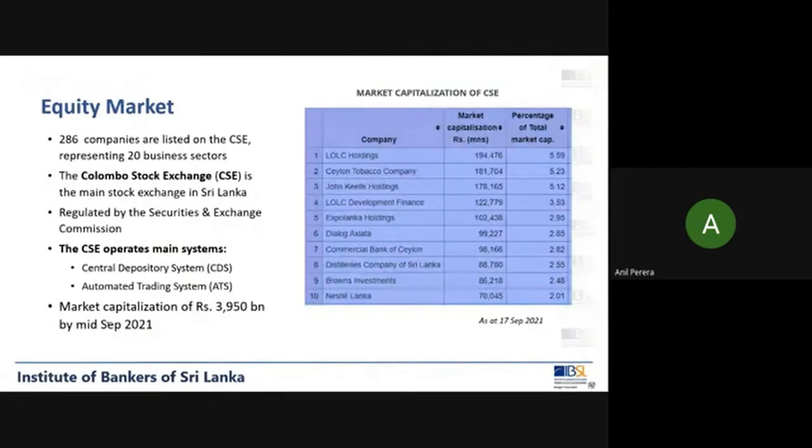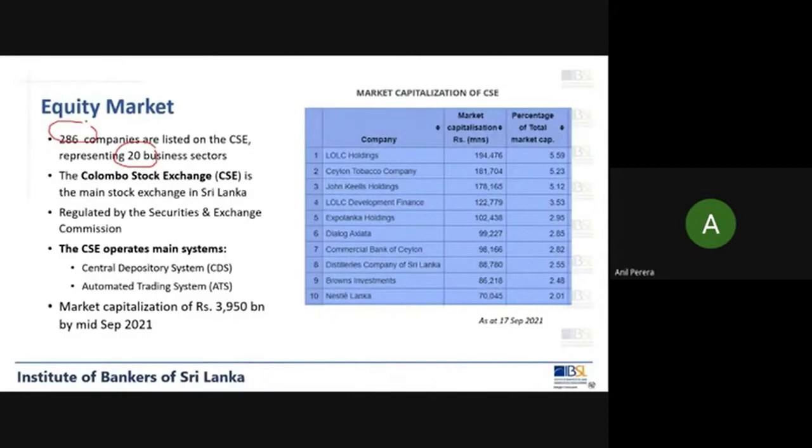Then let's come to the equity market. Equity market means very simply the stock market in Sri Lanka. In the stock market, we have around 286 companies listed, representing 20 business sectors. Right? These 286 companies are in various businesses.